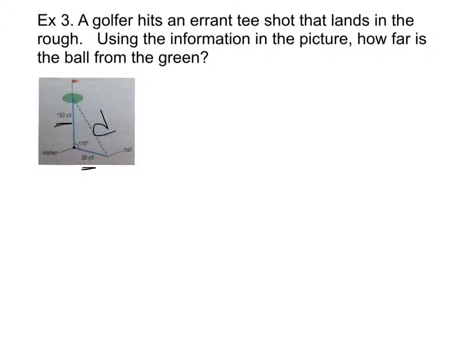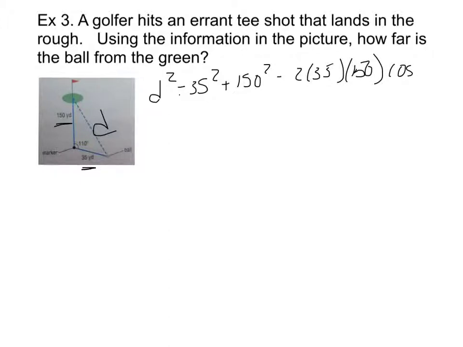I'm looking for D. So D squared is equal to 35 squared plus 150 squared minus 2 times 35 times 150 times the cosine of 110.